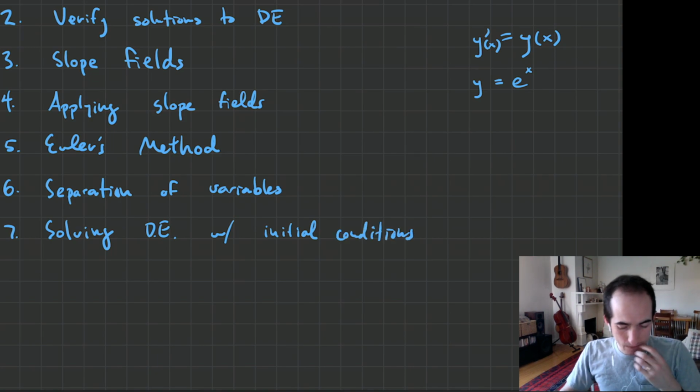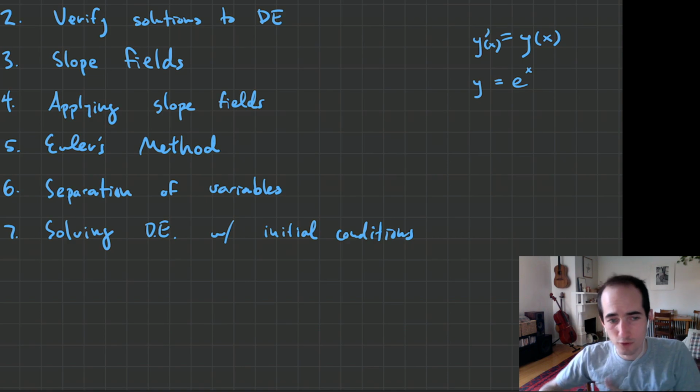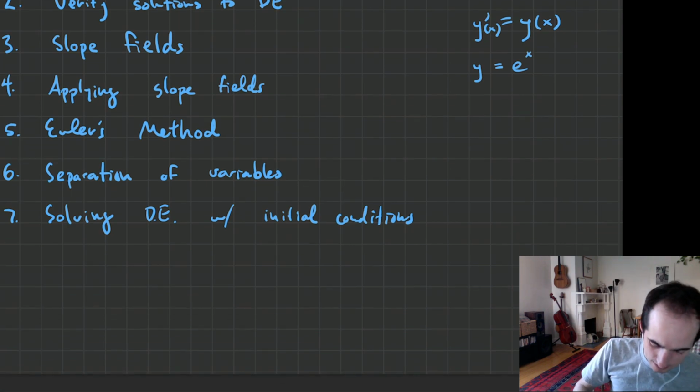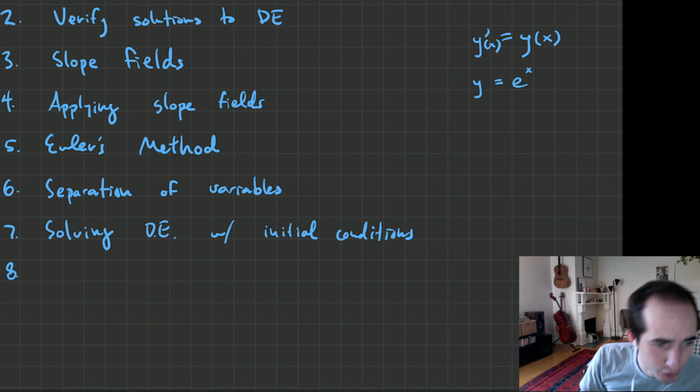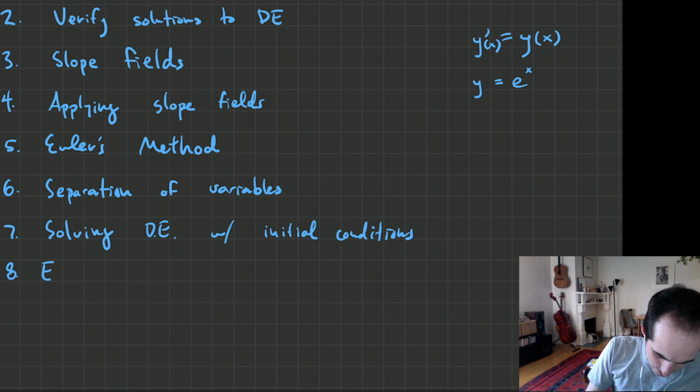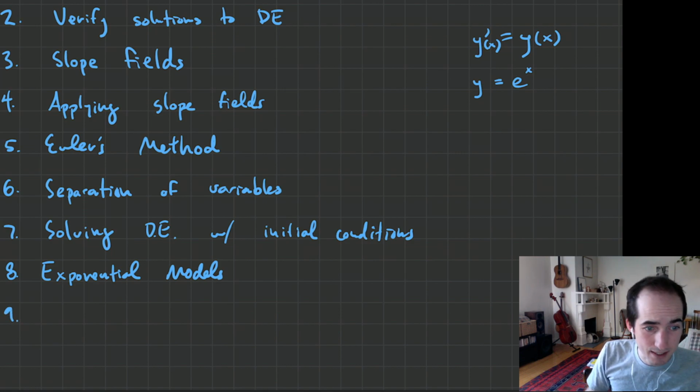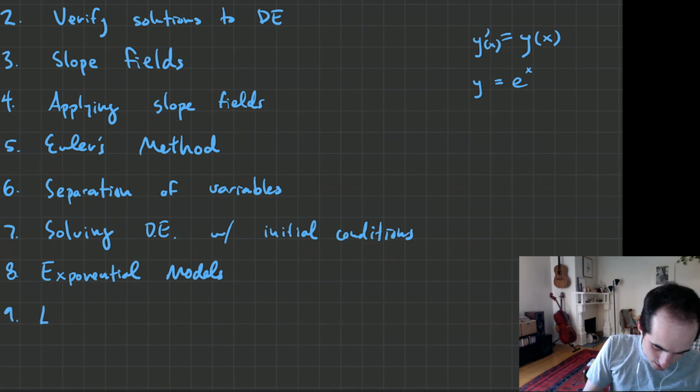Kind of like what I was saying before, where you would actually solve for the constant inside the differential equation. Number 8 is exponential models. And number 9 is my favorite one, the logistic equation.